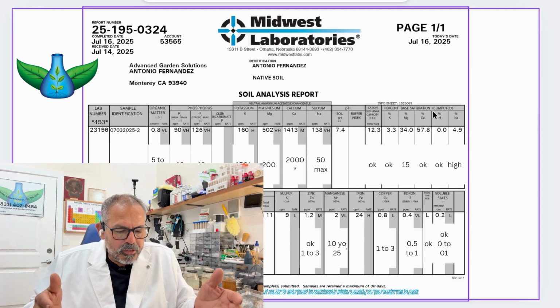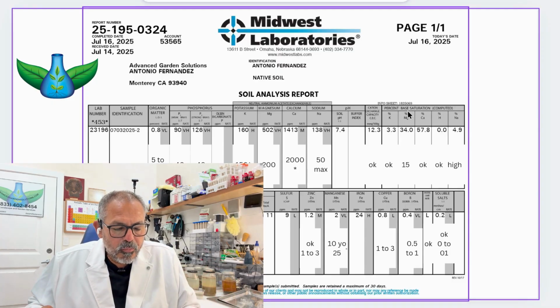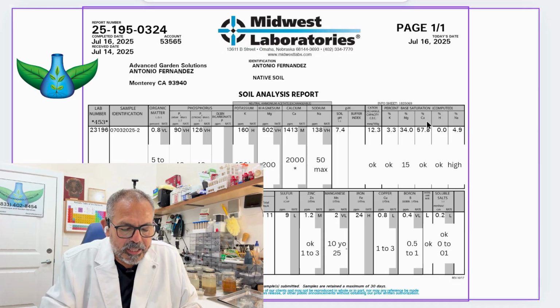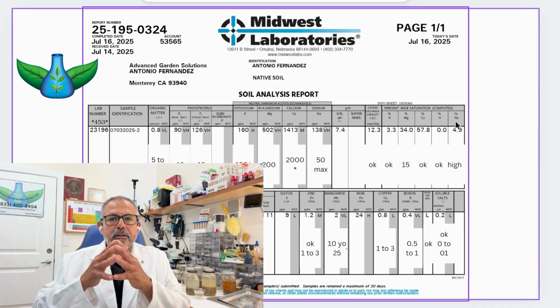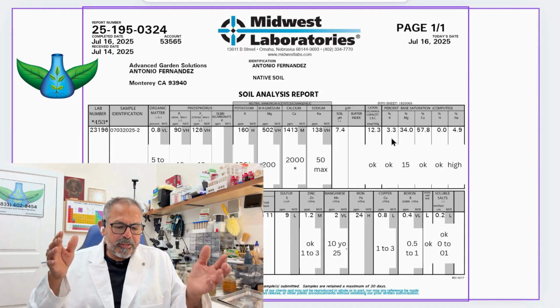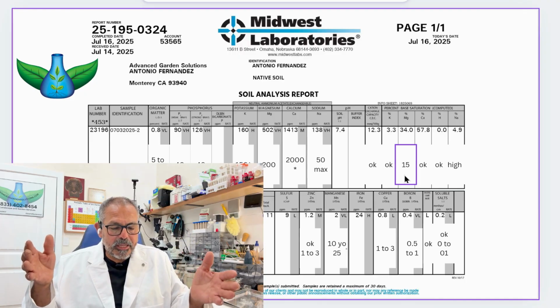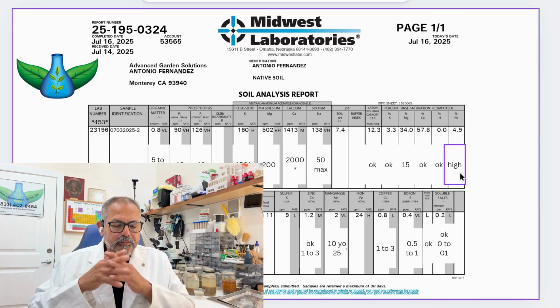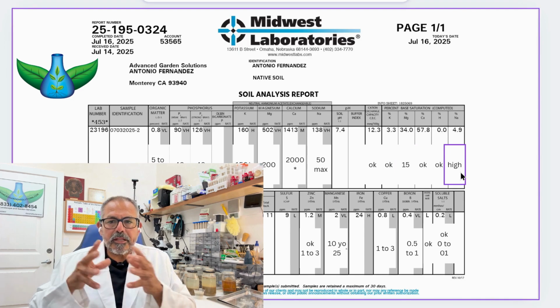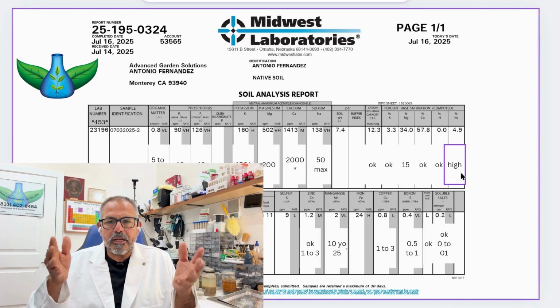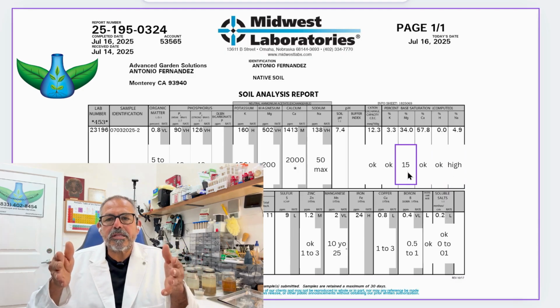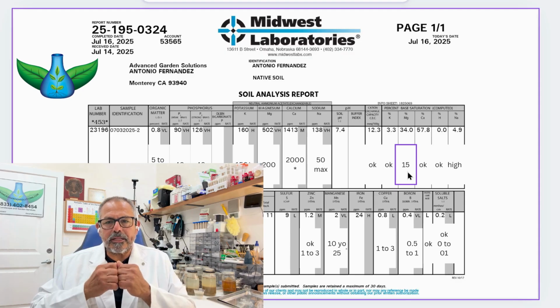When we get to the soil base saturation percentages, we can see that some elements are in excess. Potassium might still be within an acceptable range, but magnesium is extremely high, and sodium is also very high. These two elements, sodium and magnesium, are the main ones that make the soil become very hard, tight, and compacted.